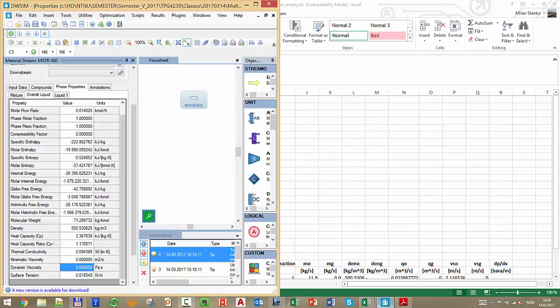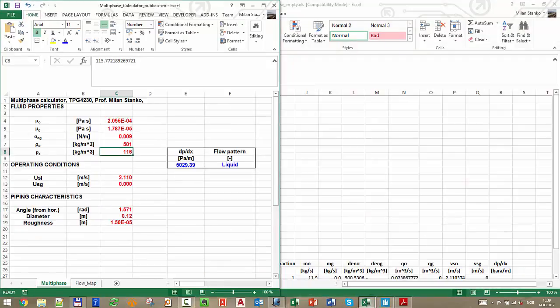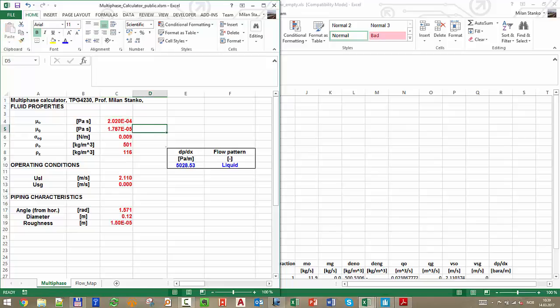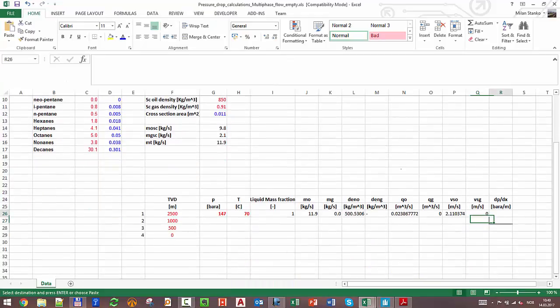Okay, so it should be just copy and paste. Okay, that clear? I don't need to fill anything for gas, because gas doesn't play any role here, just the oil. And we obtain a dpdx of 5028.53, and we are in liquid, which we knew already.